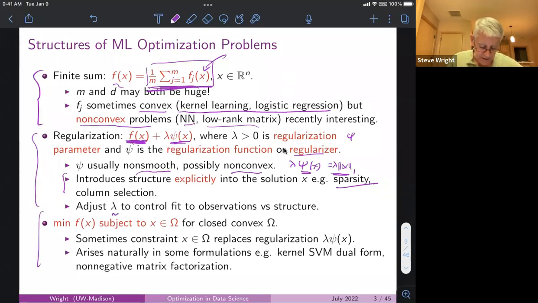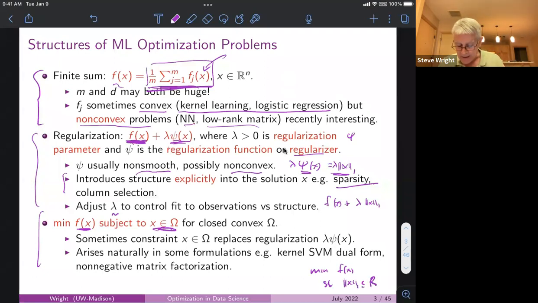And the third one is just minimizing the objective subject to being inside some closed convex set. And sometimes this is kind of an alternative to the second problem. So you have the choice between minimizing f of x plus lambda times the one norm of x, or minimizing f of x subject to the one norm of x being less than or equal to some value r, say.